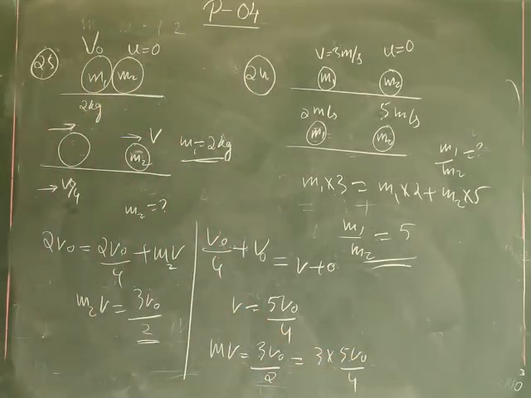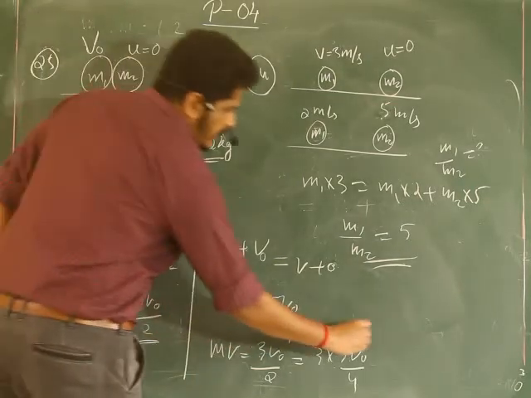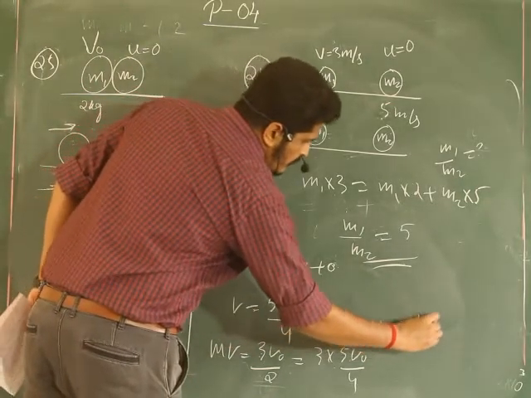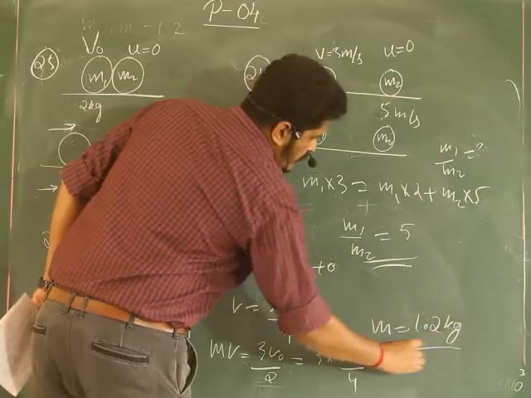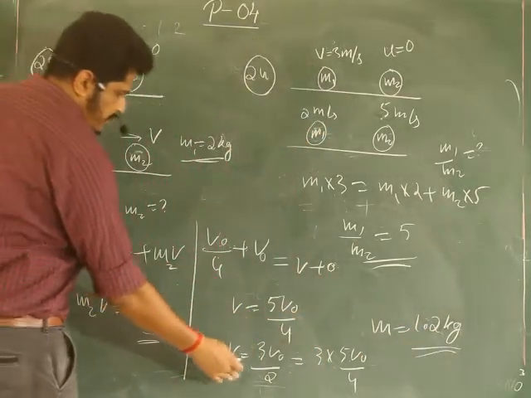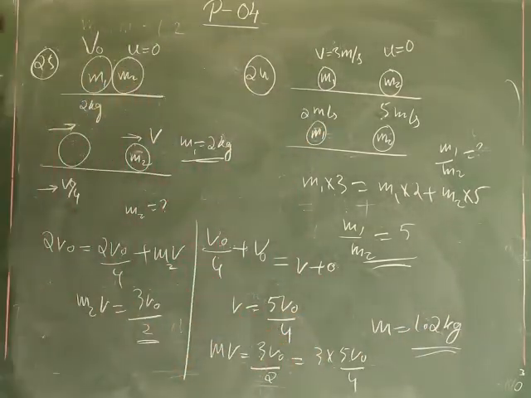When you start substituting, finally what you get is the value of m. So m and v0 all cancel, and finally you get m is equal to 1.2 kg. Do the substitution, you can utilize that.